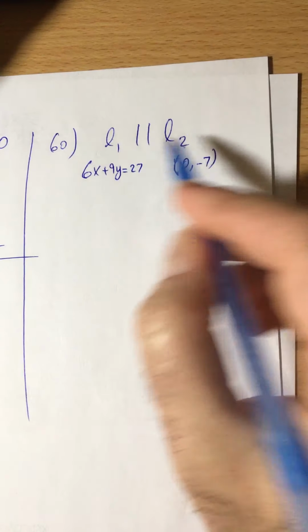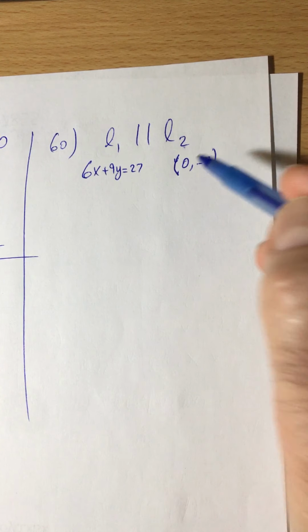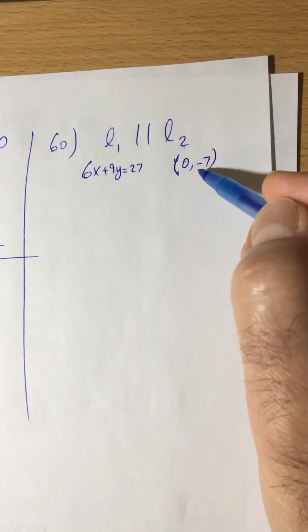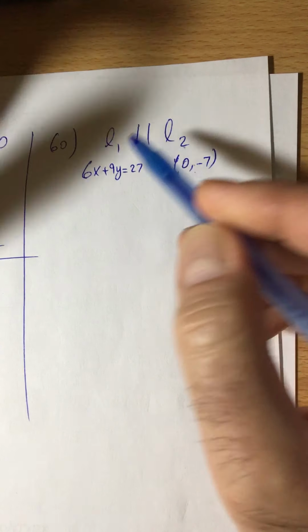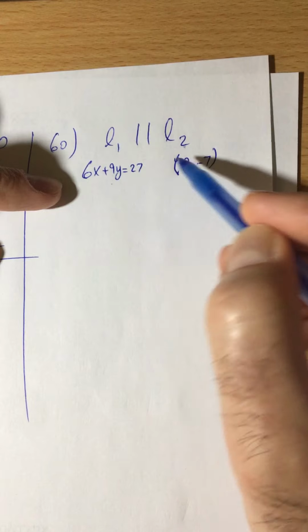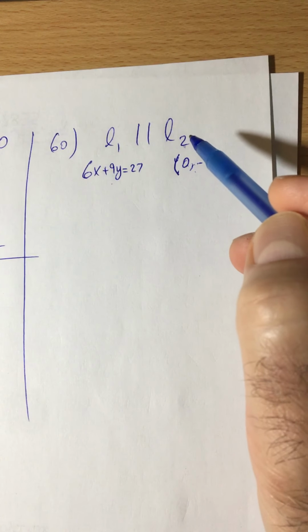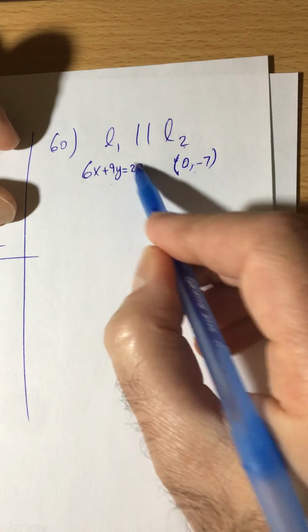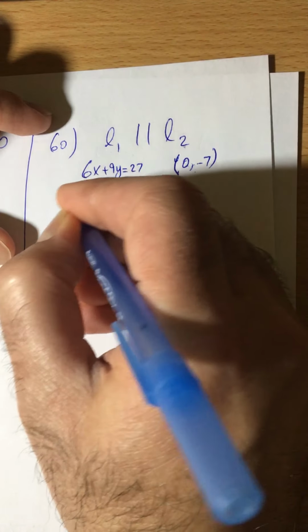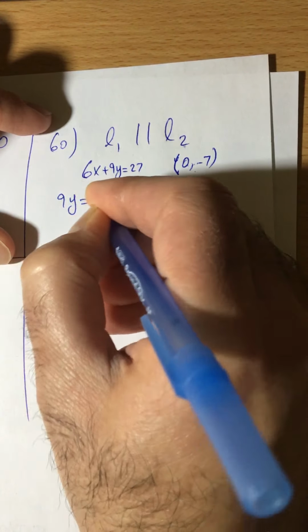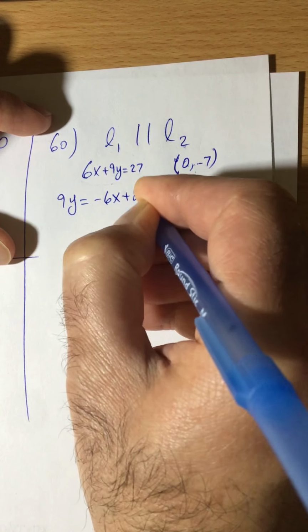Okay, so we know the lines are parallel. So in order to find the equation of the line for line 2, we need the slope. But I don't have the slope, but I can get the slope from here. Because the lines are parallel, the slopes will be exactly the same. So if I solve this equation for y, then I know the slope. So subtract 6x, so you get 9y equals negative 6x plus 27.